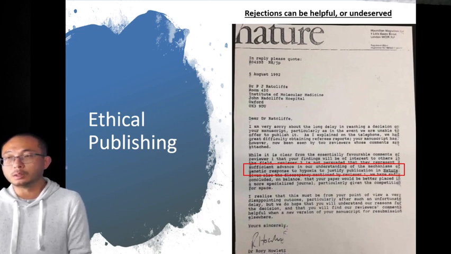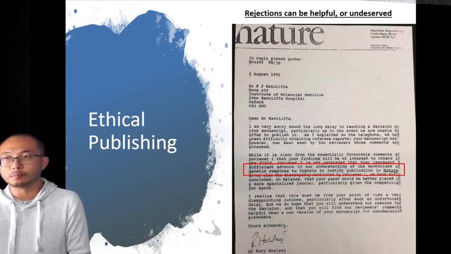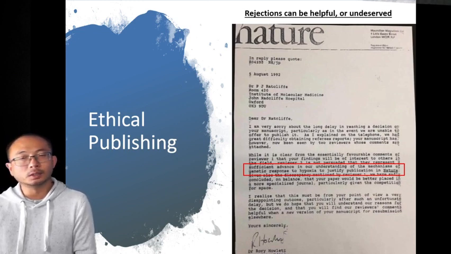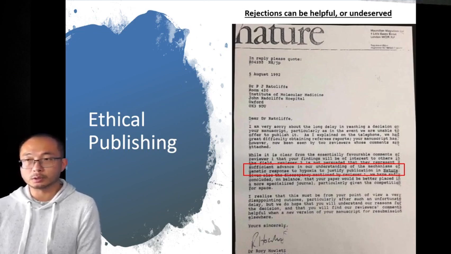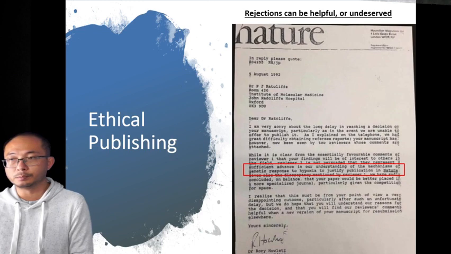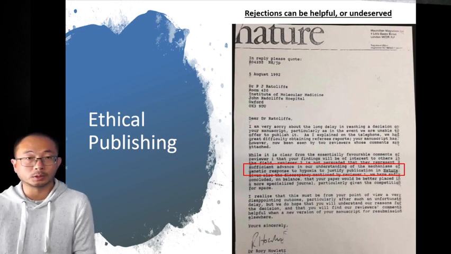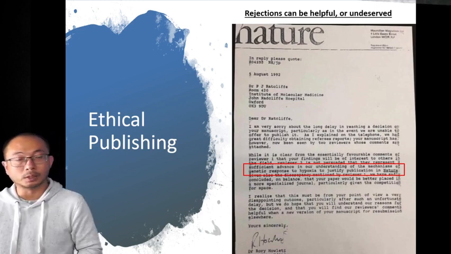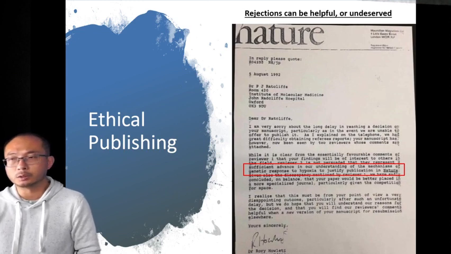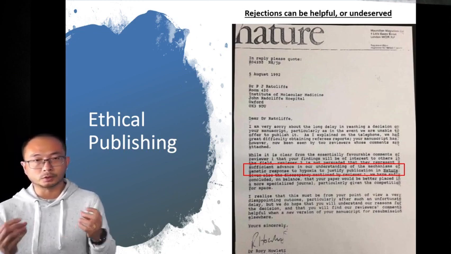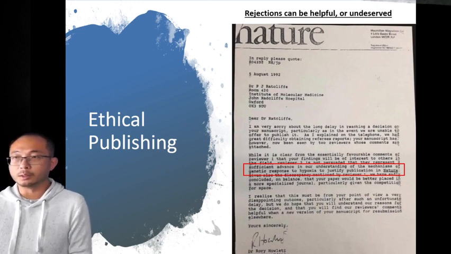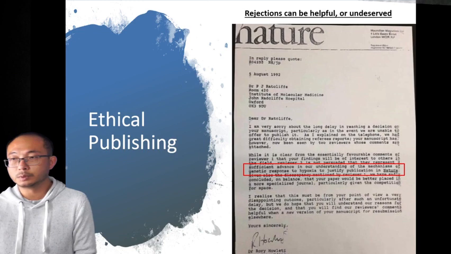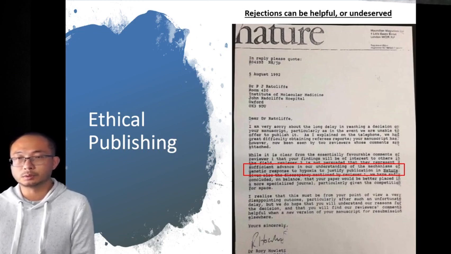So this is a rejection letter written by Nature to then Dr. Peter Ratcliffe, and his research on genetic responses to hypoxia. It's a really important field now in cancer research and in things like anemia, where there's a lack of oxygen to cells. But in 1992, it wasn't hot enough.